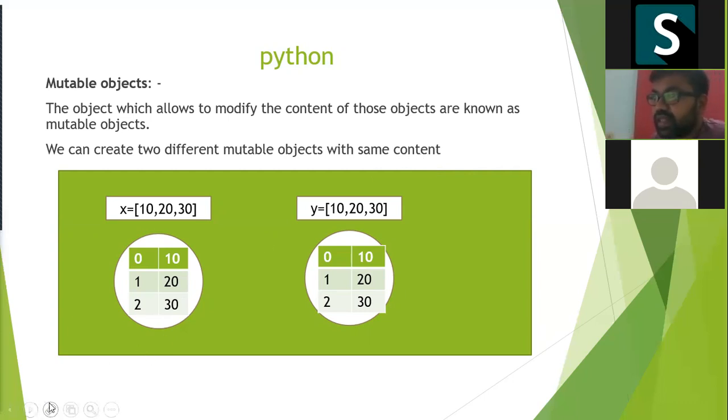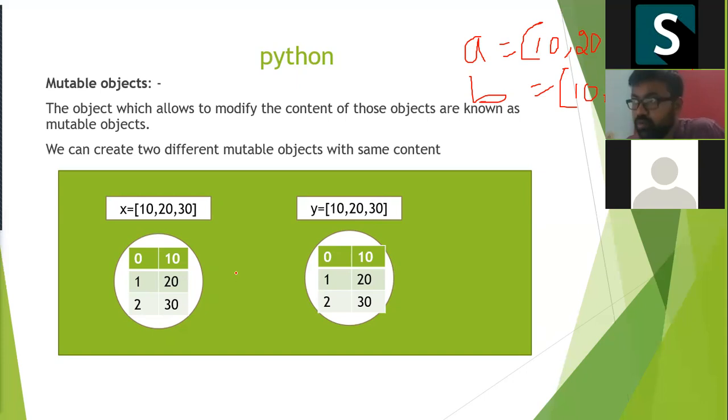Now, if I say a equal to 10, 20 and 30 values, and b equal to the same values, same content, 10, 20 and 30, it will create a new address.